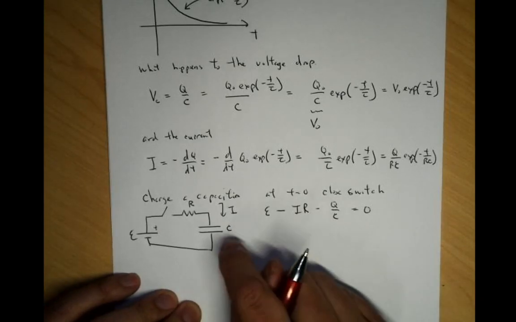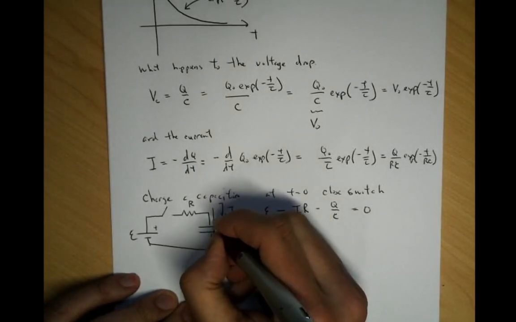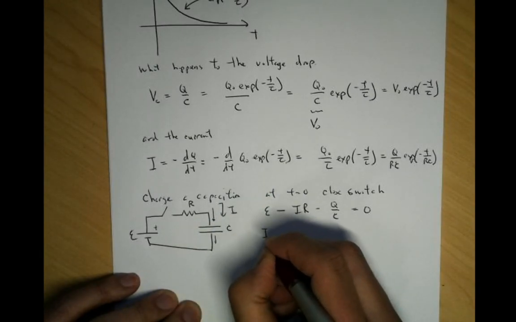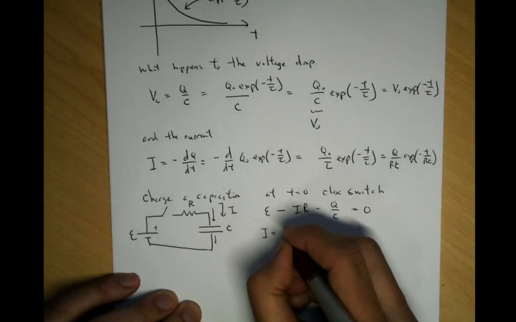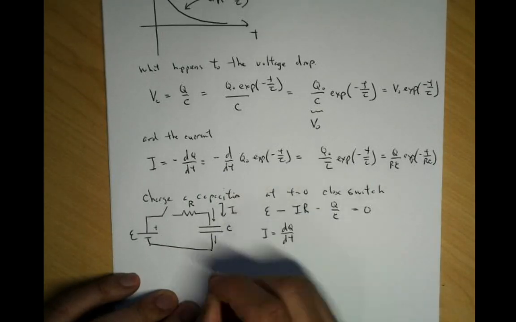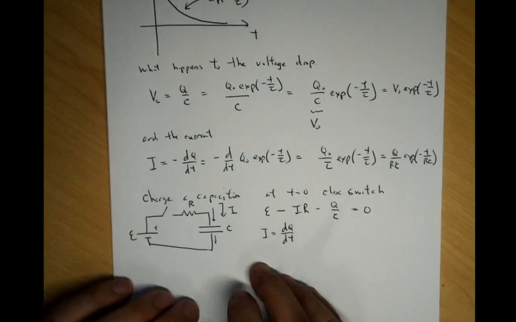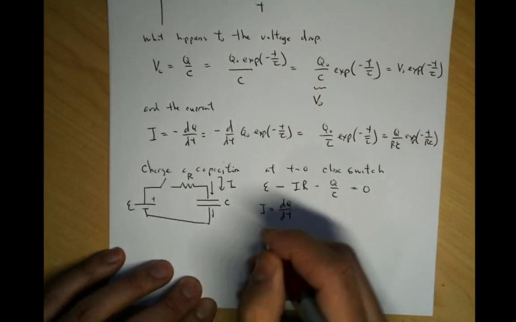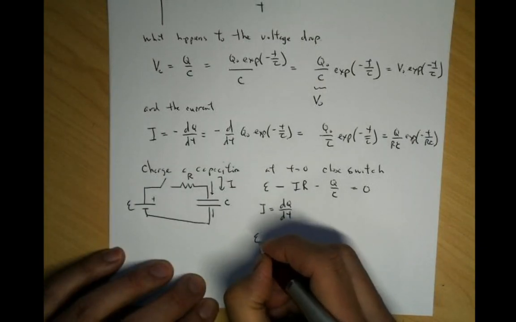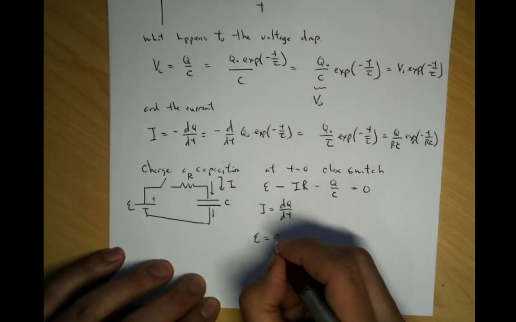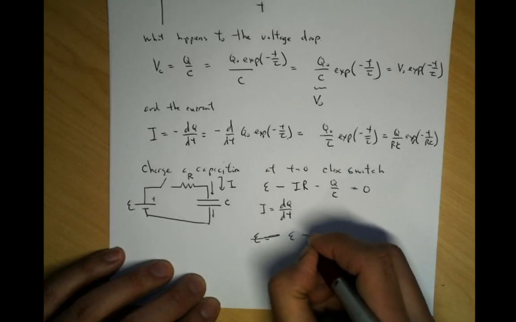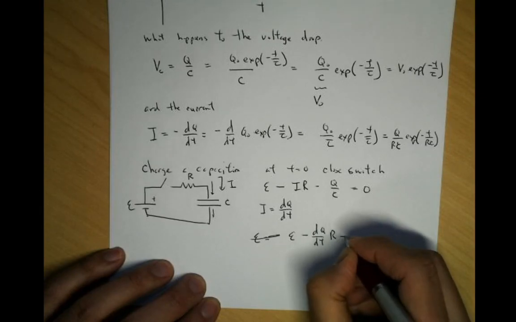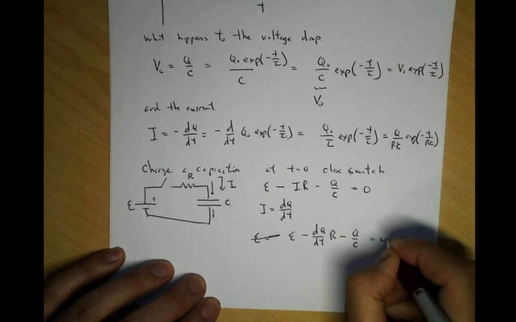Now, in this case, you've got to be a little careful here. I is flowing into this thing, and so in this case, I'm charging the capacitor, so I is equal to dQ/dt. So what we have now is epsilon minus dQ/dt times R minus Q over C equals 0.